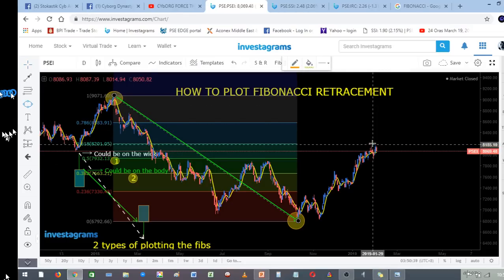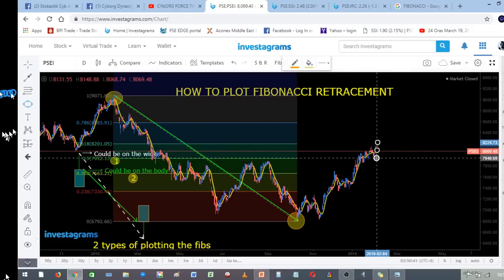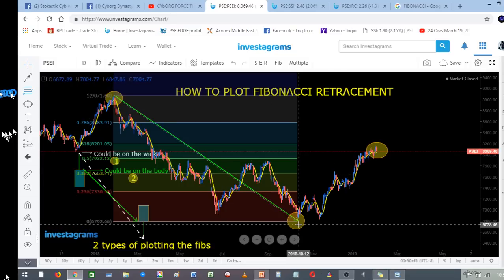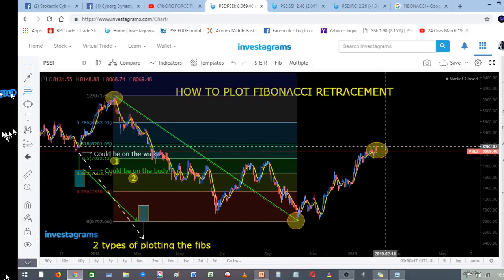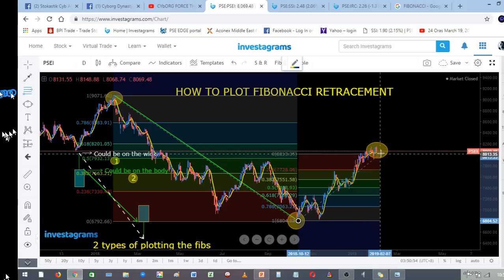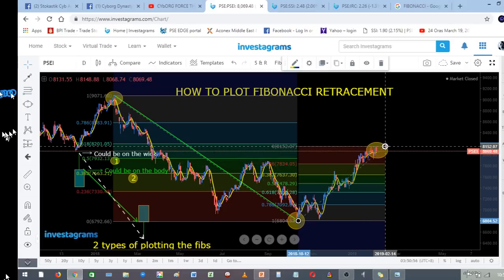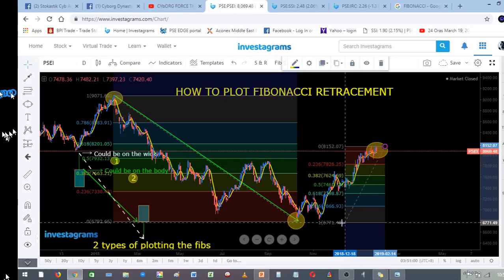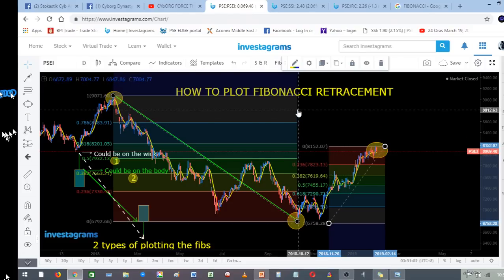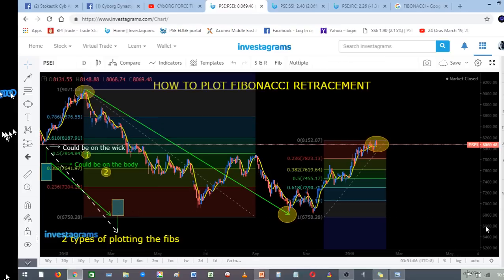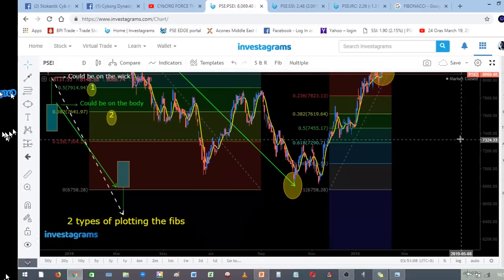So if we are going to identify a Fibonacci retracement here, in an uptrend movement, this is how we are going to plot the Fibonacci from swing low to swing high. So click, just drag this one. So what are the levels? Zoom in.